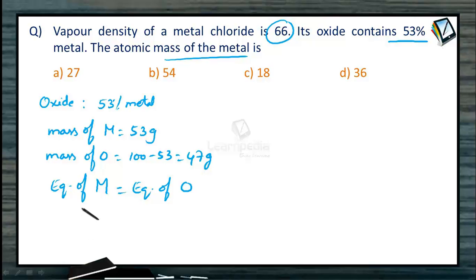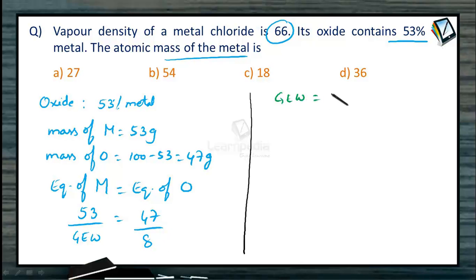So for metal M, it is 53 upon the gram equivalent mass, which we need to calculate. And for oxygen, we know the mass as 47 and the equivalent mass as 8. So from this, we will get the gram equivalent mass as equal to 9, isn't it? So we got the equivalent mass of the metal as 9.